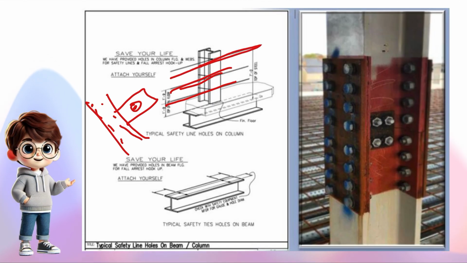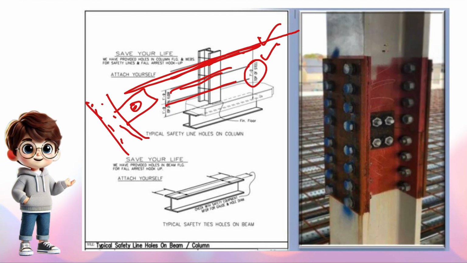Also this one, this is the fall arrest hole. This will be at 7 feet height from the top of steel, meaning the top of framing. We keep this fall arrest hole because when the erector is erecting the remaining beams or installing deck or similar work, there will be a cable running through those fall arrest holes, and that fall arrest hole will be 7 feet from the top of steel.